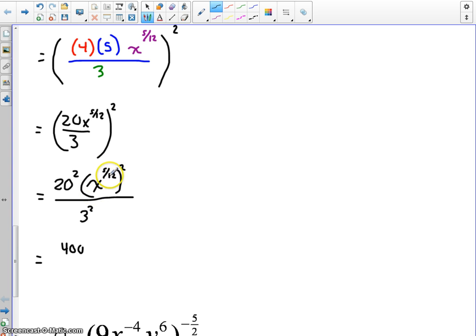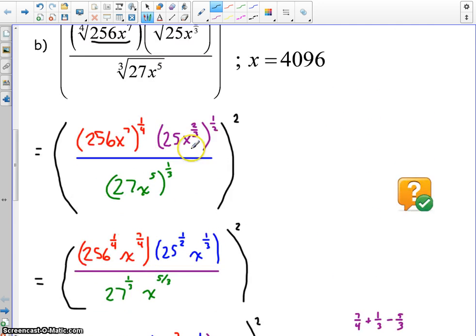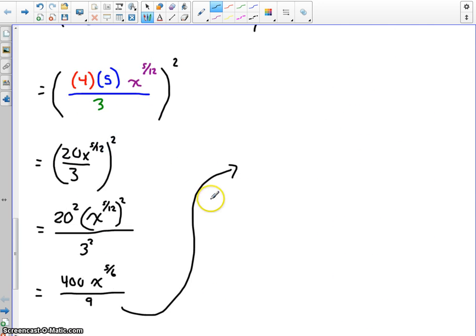X to the 5/12, so 5/12 times 2 is 5/6. And 3 squared is 9. Okay, so really I've simplified this as much as I possibly can now. Now I can sub in my x equals 4096.